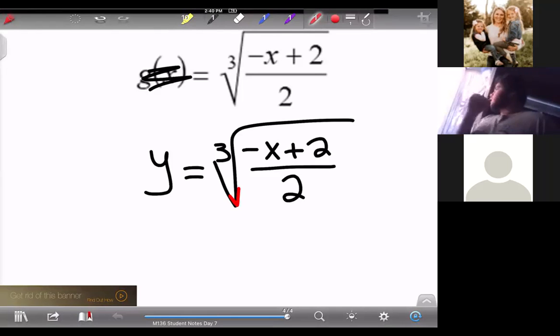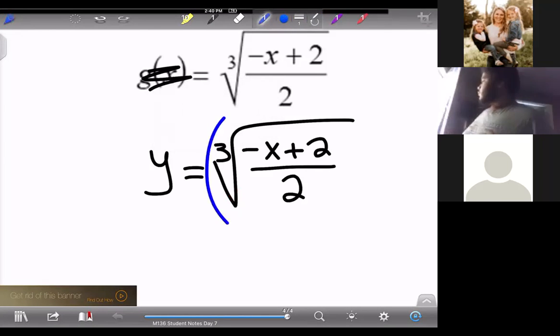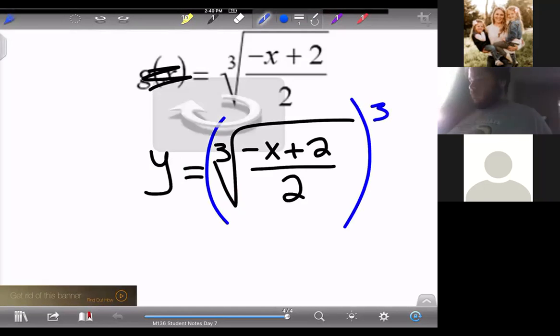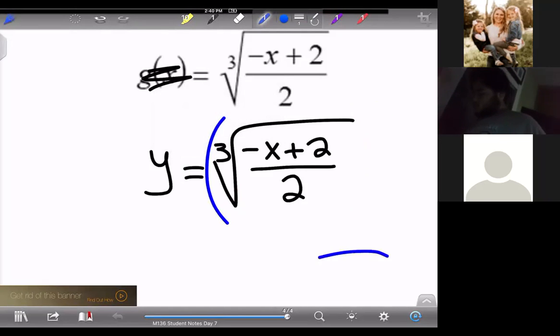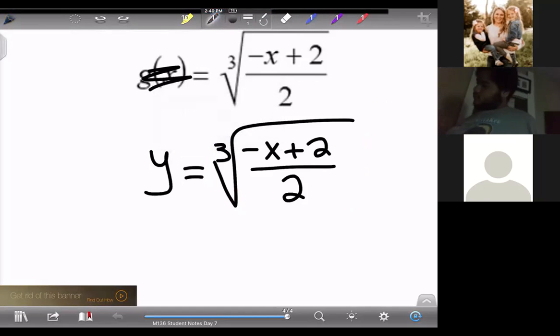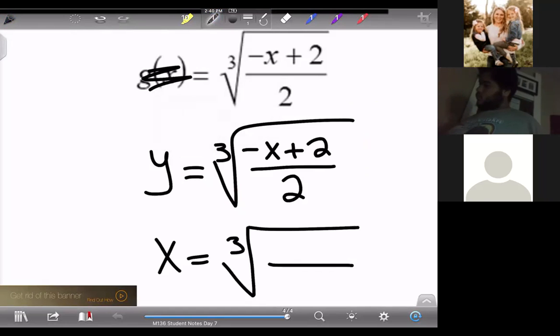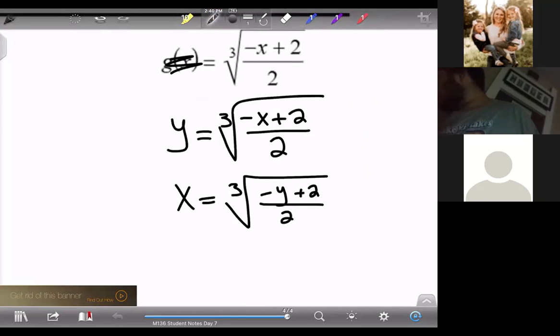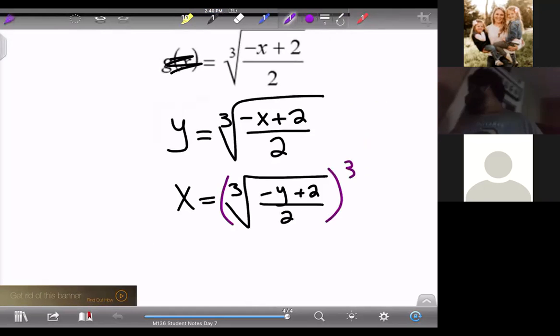So in order to eliminate that cube root, I have to take both sides. Oh, I skipped a step. Switch your x and your y's first. And then we're going to get rid of the cube root by taking everything to the third power.